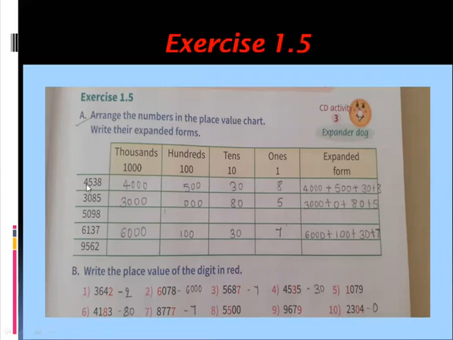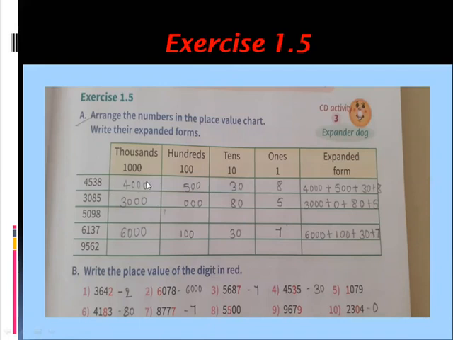Okay, here they have given columns. Here, first question, 4538 is there. In the ones place which number? 8. And then in the tens place, 3. So the place value of that number is 30. 5 is in the 100 place, so the place value of that number is 500. 4 is in the 1000 place, so the place value of that number is 4000.